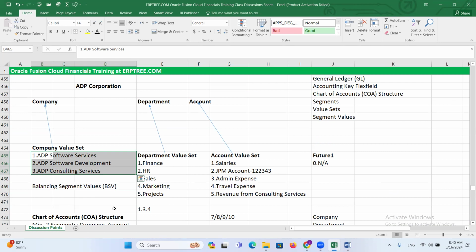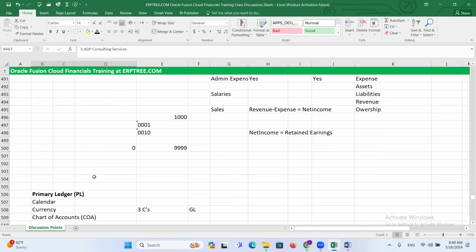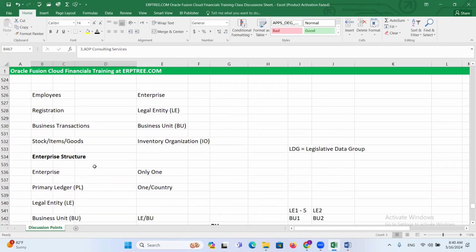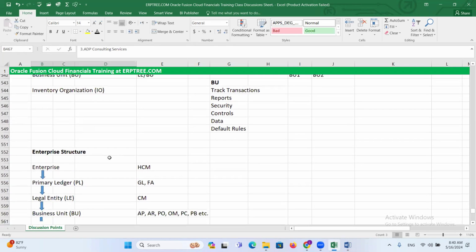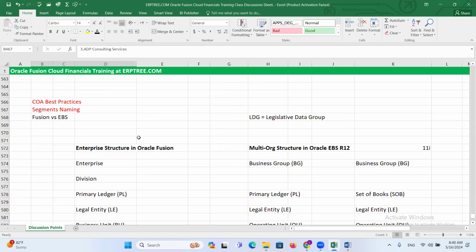Each business unit, we use one balancing segment value. So that would be the best practice. Okay. So if the client is going with an approach like, say, you take this example.